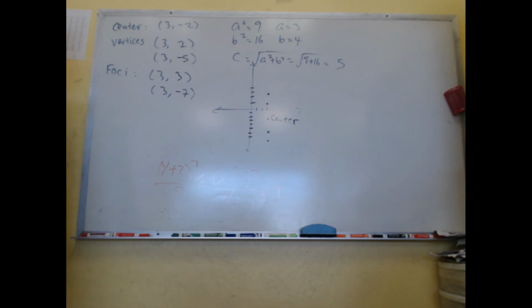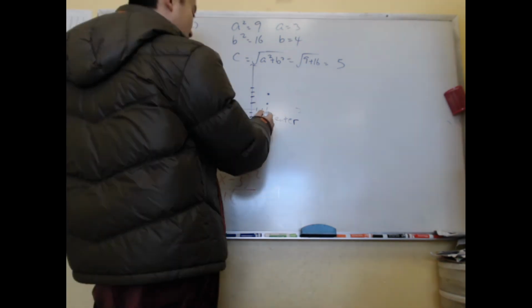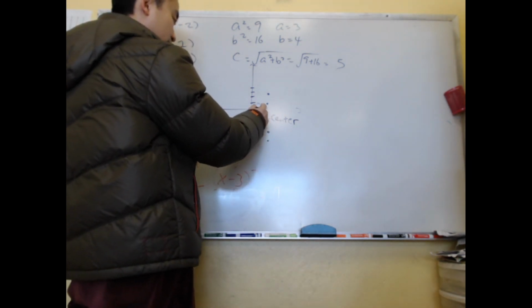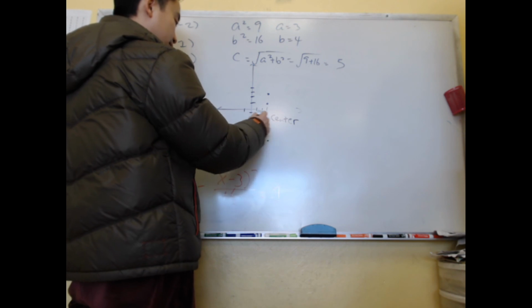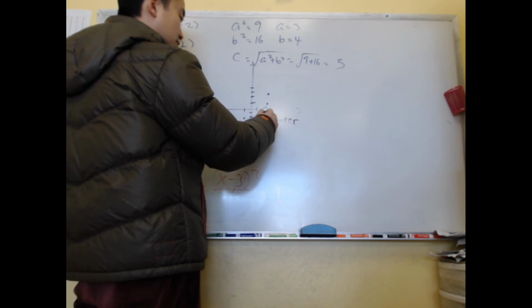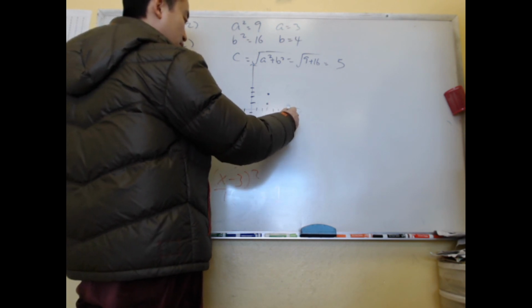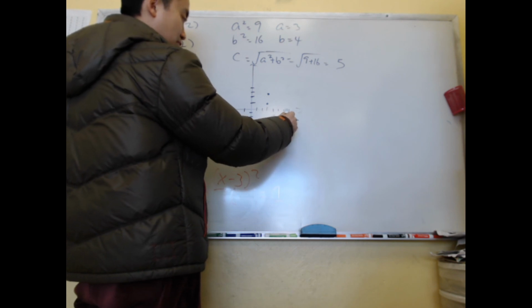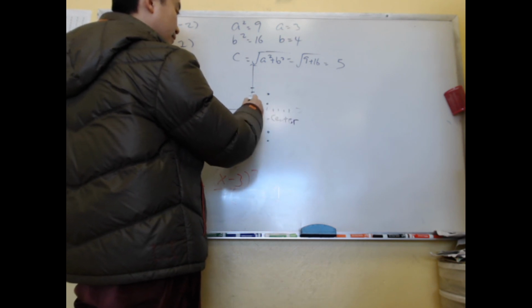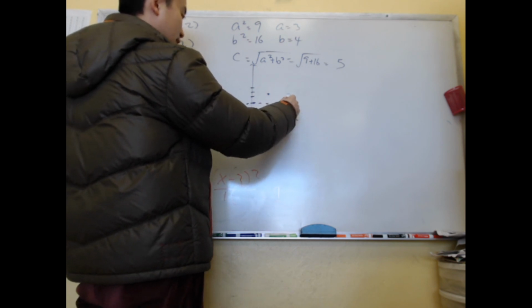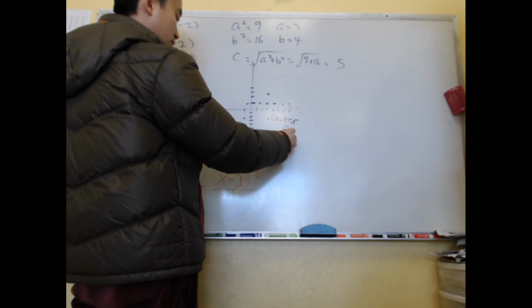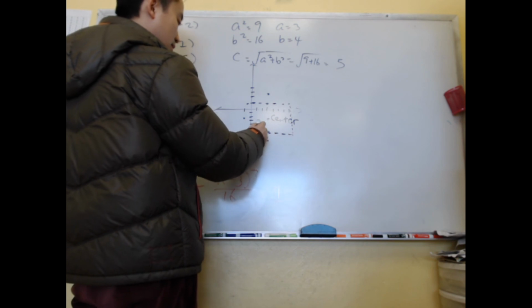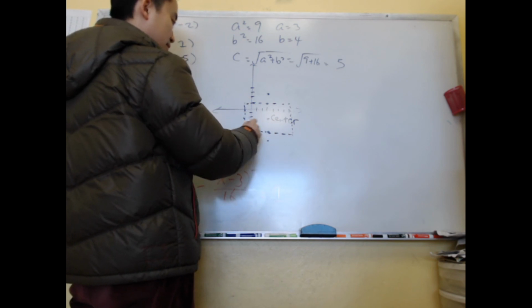And what's the value of b again? 4. So that means from the center, you want to count 4 units to the left, 1, 2, 3, 4, and then 4 units to the right, 1, 2, 3, 4. Because we want to set up the imaginary box. So the box extends from the vertices all the way to the value of b.